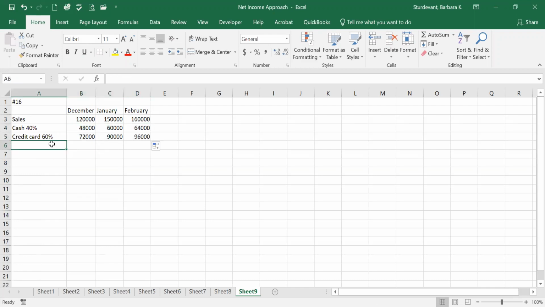Okay. I'm going to draw a line under here because I don't want to add this number in. Now, with a credit card, the store has to pay a fee. And it's always a percentage of the credit card sale.